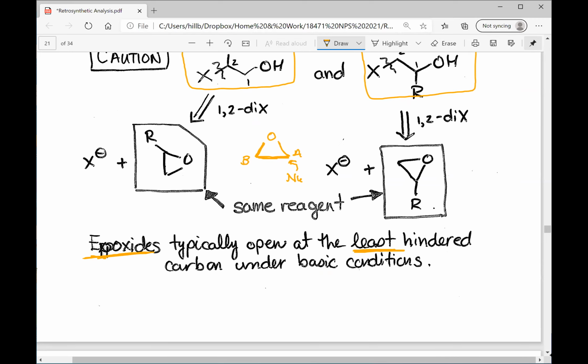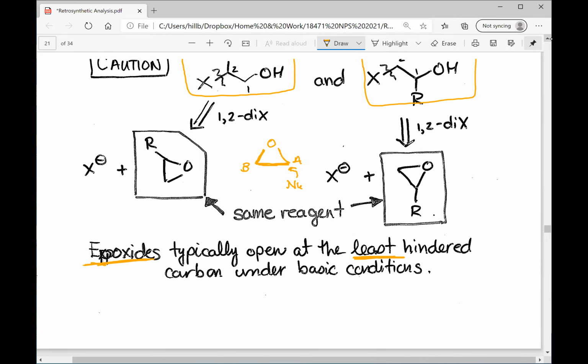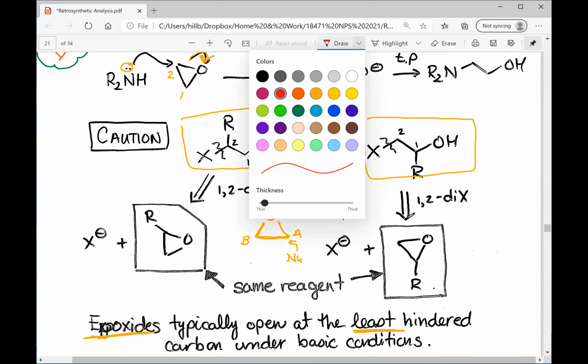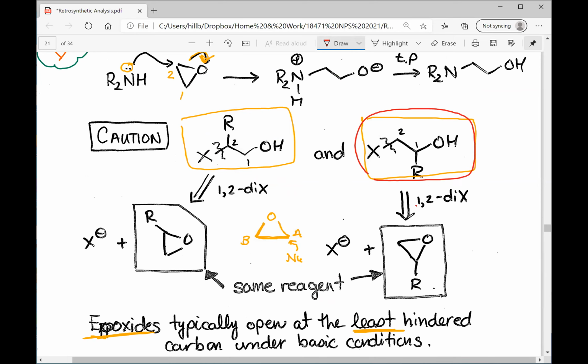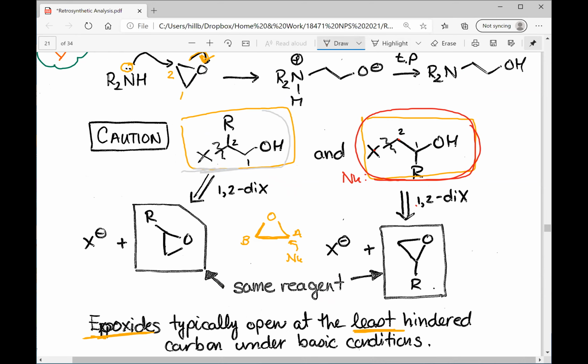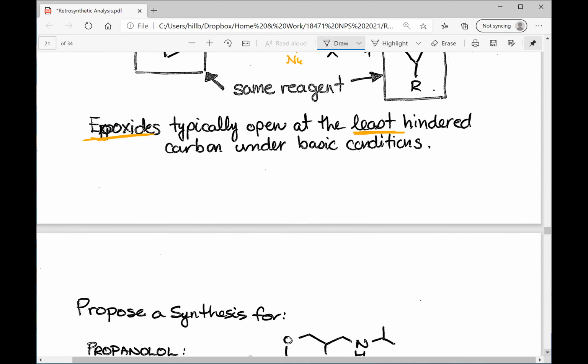So if you wanted to make the compound on the right, this is fine because your nucleophile, I guess I shouldn't have called it X, your nucleophile is attacking the least hindered carbon, number 2. But if you wanted to make the compound on the left, then we would have to make sure that we used different reaction conditions to make this work. So that's just one of the things to keep in mind there.